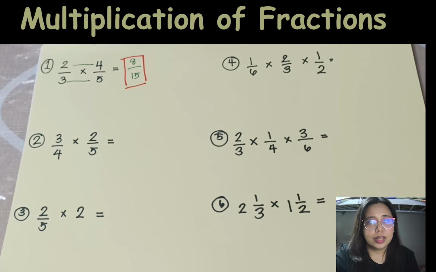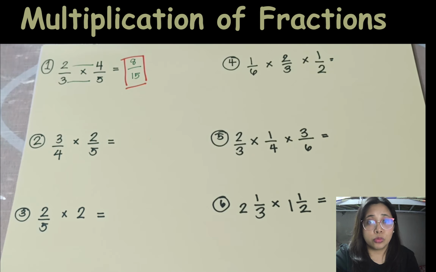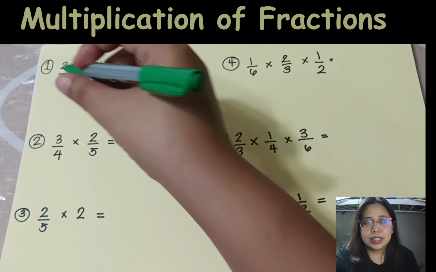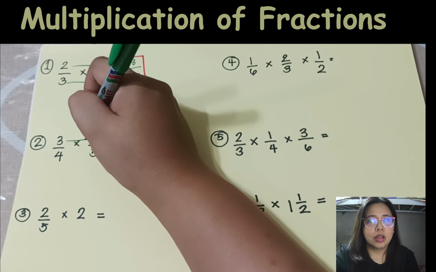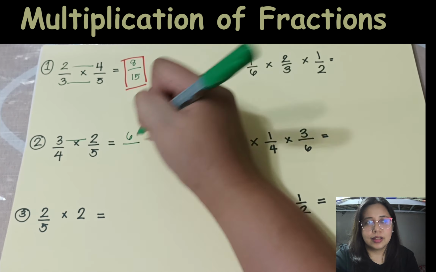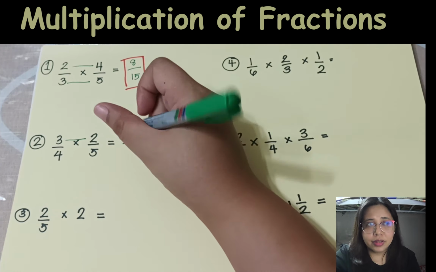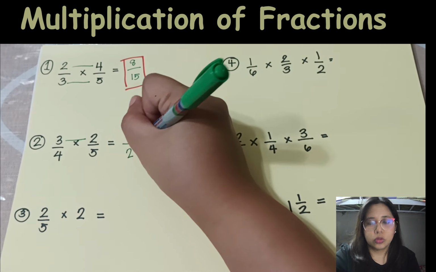Okay. Next naman, we have 3/4 times 2/5. Okay, so same method, numerator to numerator, denominator to denominator. Okay, so 3 times 2 and we get 6. Okay, and then 4 times 5 is equal to 20.